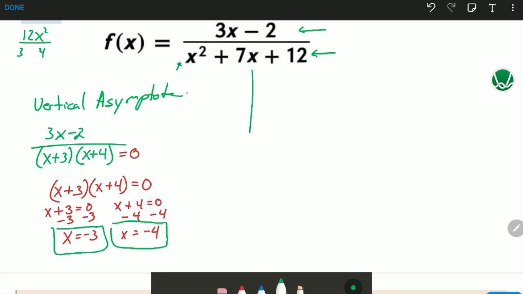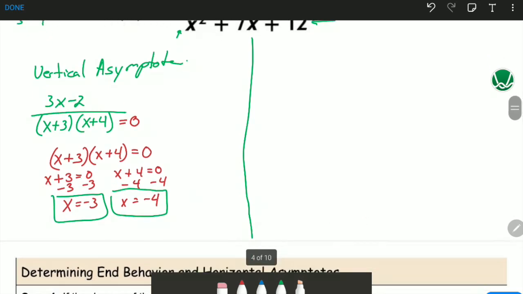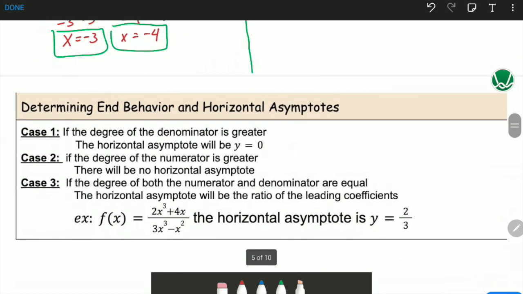For horizontal asymptotes, at the very least in Algebra 2, we're going to use a property. This property, you explore where it comes from in calculus when talking about limits. But we're going to be looking at these three cases to determine the end behavior. The first case is where the degree of the denominator, or the bottom, is greater.